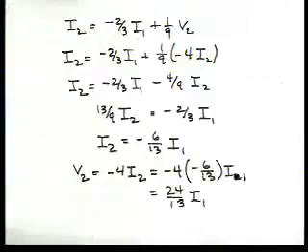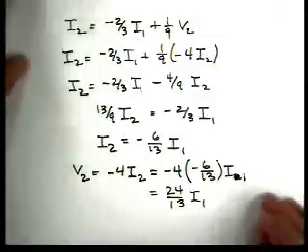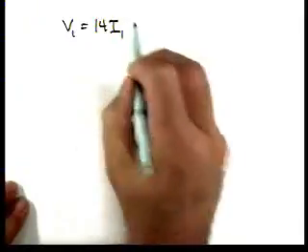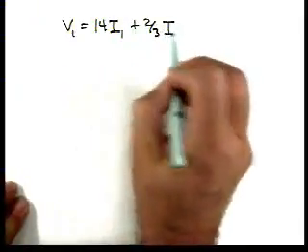So now we're ready to substitute into this expression. We have V1 is 14 I1 plus 2/3 V2.